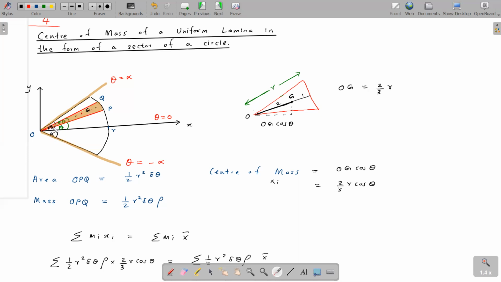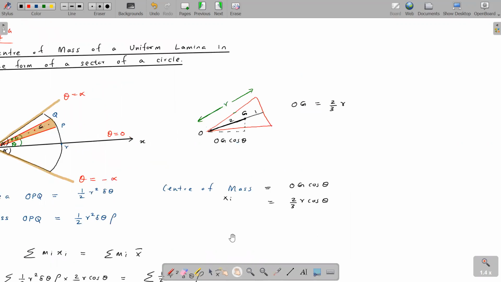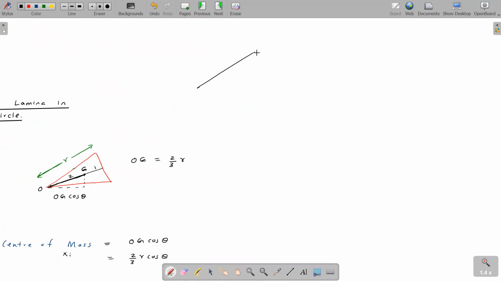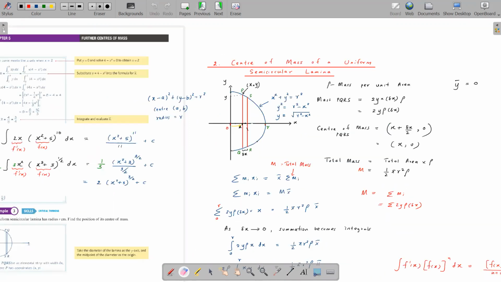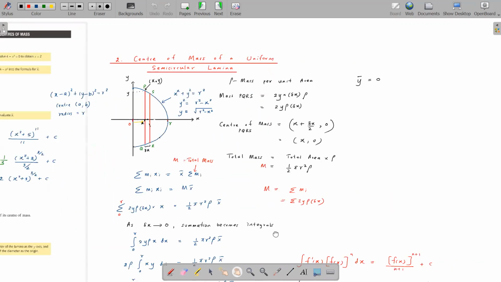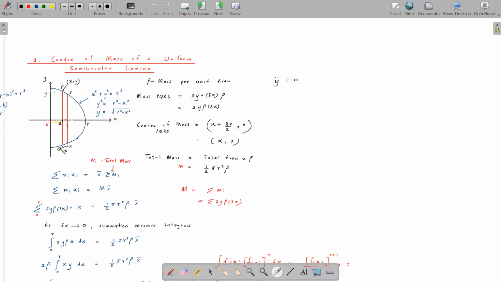All right, guys. In calculus, the way we attempt this is we break the sector into strips. In the previous questions, when we were breaking into strips, we took them vertically.